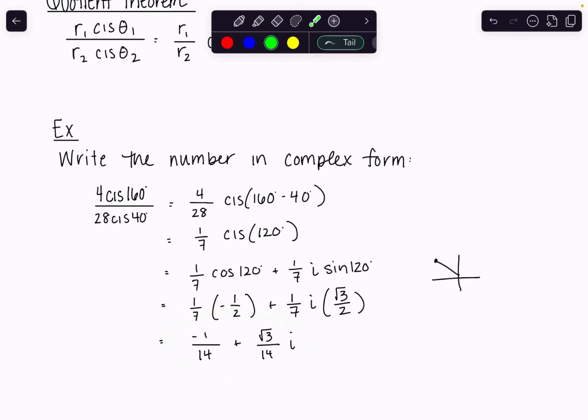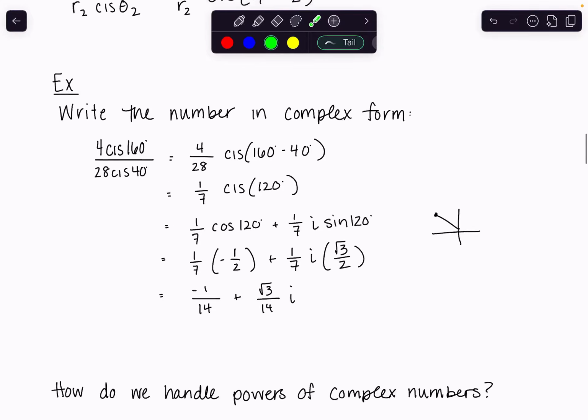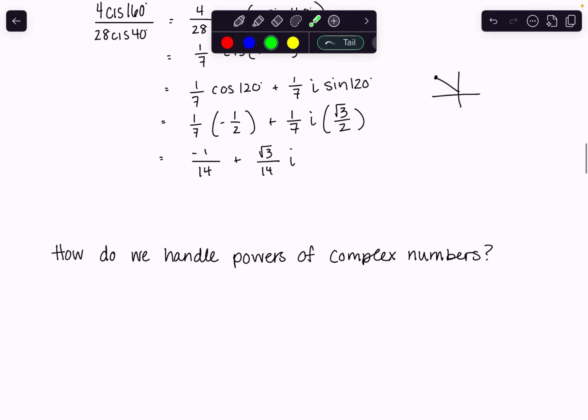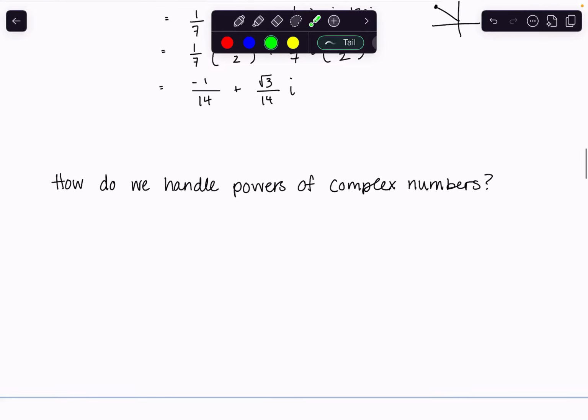Okay. Now, if we want to go through and deal with complex powers, so that means taking something to a power, it's really just going to stem from the product theorem. Okay? So if I want to take a trig value and square it, all that means is we're taking one trig value and multiplying it by itself.